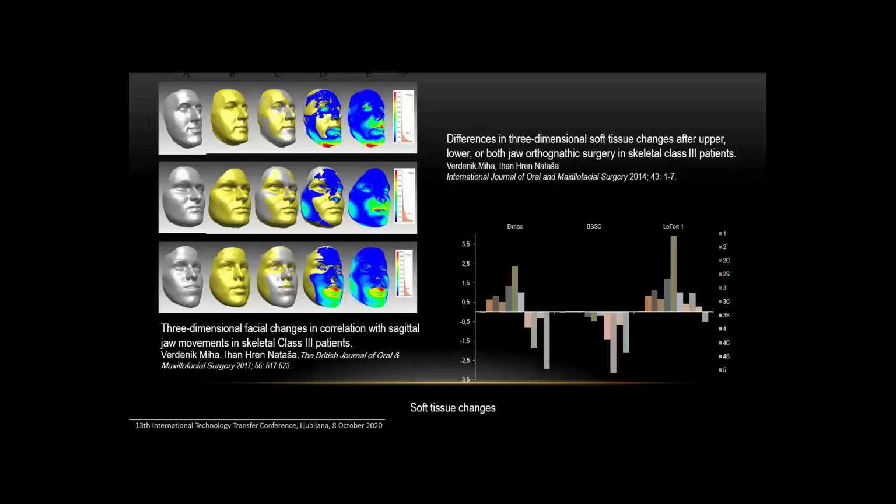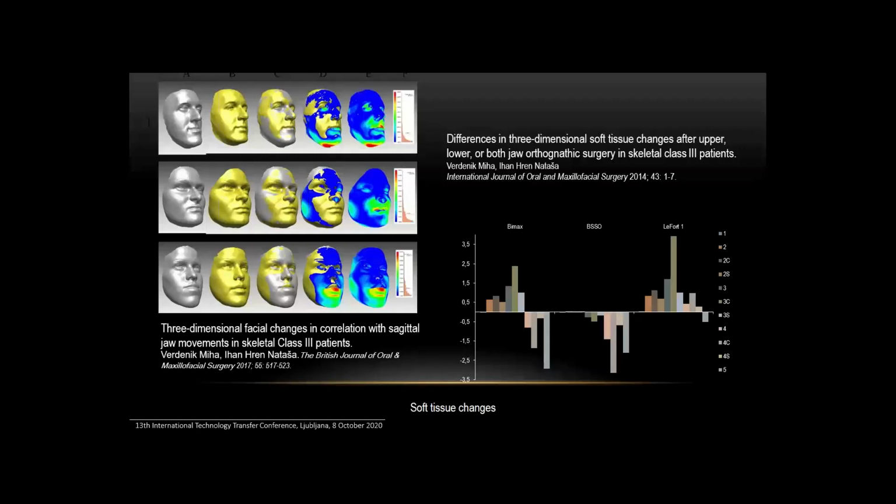It is a fact that soft tissues follow bone movements at most by half, and differently in different facial areas. That was the result of our study published in a good review in 2017. But maybe even more important for us was that we once again confirmed our results published in 2014.